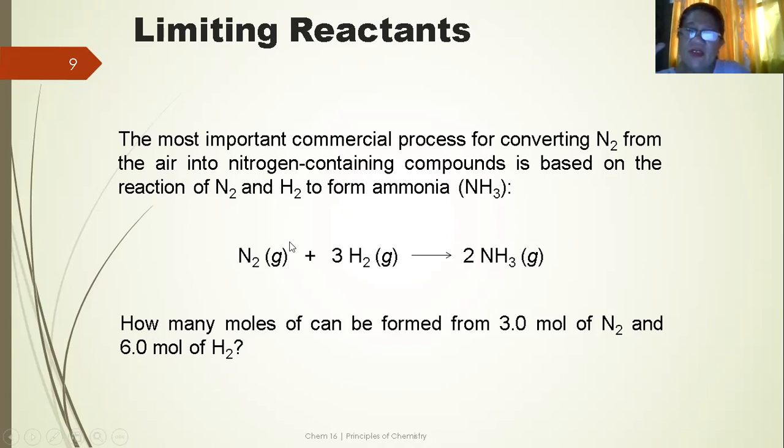The given here is 3 moles of nitrogen and 6 moles of hydrogen. So we are going to solve the mole of ammonia using these 2 reactants.